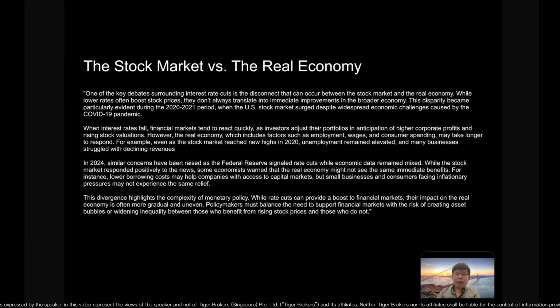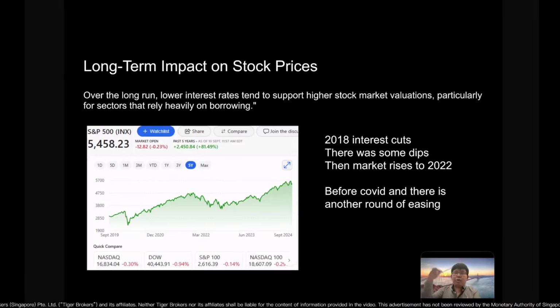So now the Fed has kept on signaling interest cuts. So the stock market is actually good, although the interest rate is high, the instruments such as TLT or the S&P 500 have all already started rising. So we see some of the charts I showed.